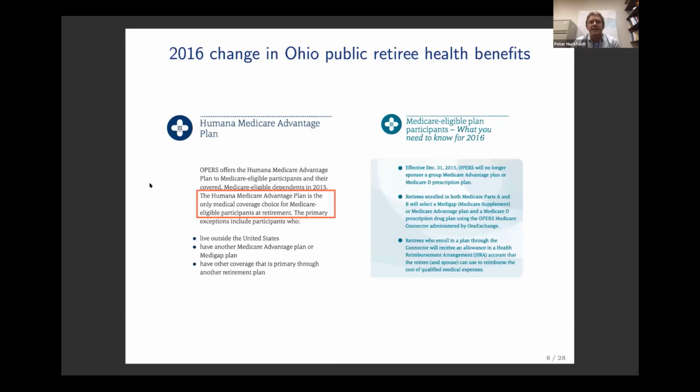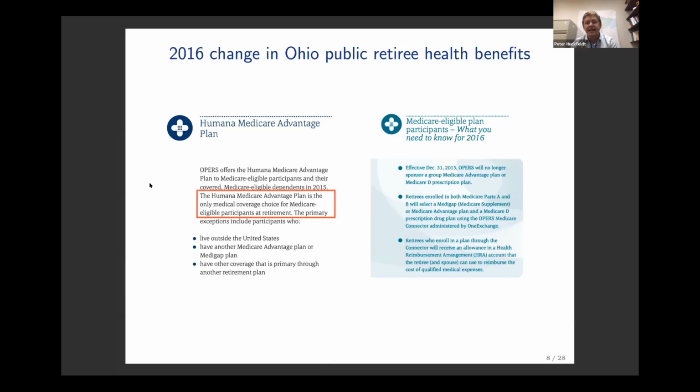So this is the change in Ohio that we're studying in this paper. The left panel shows 2015, and this comes from the Ohio Public Retiree Benefits Package. In 2015, for people who wanted sponsored retirement plans from Ohio, the Humana Medicare Advantage plan is the only medical coverage choice for Medicare eligible participants at retirement.